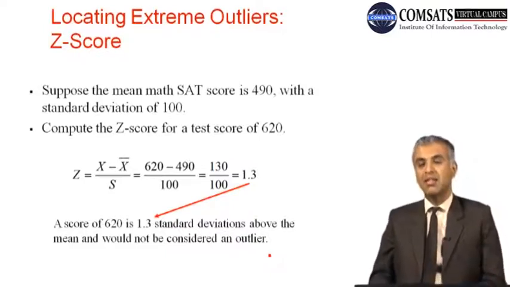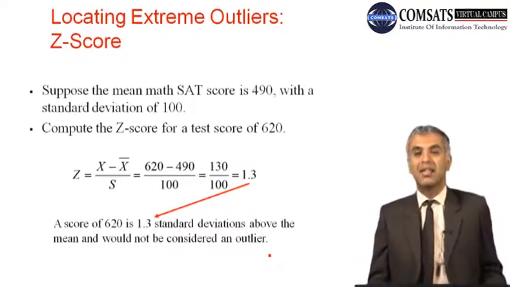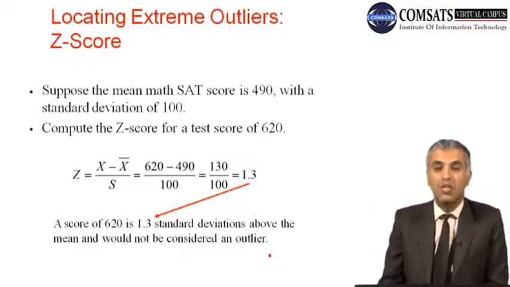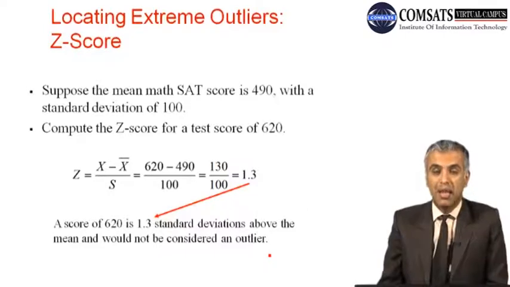Now basically we have defined the limits, the higher and lower limits of Z-score, and this is vital that this Z-score is below 3 and -3 in this case.